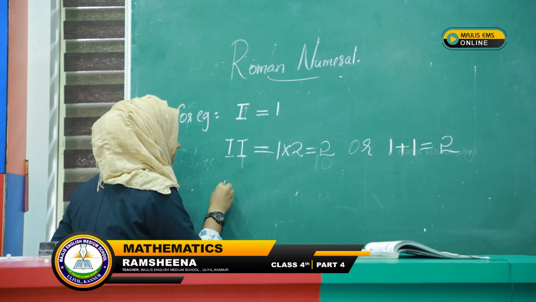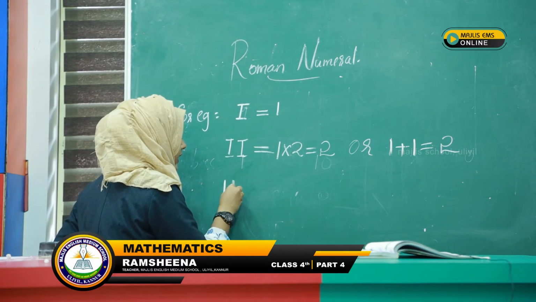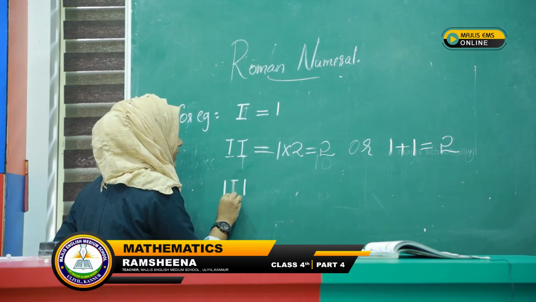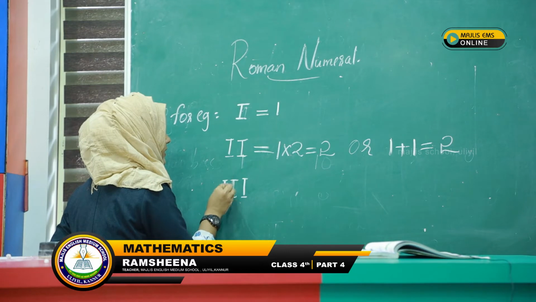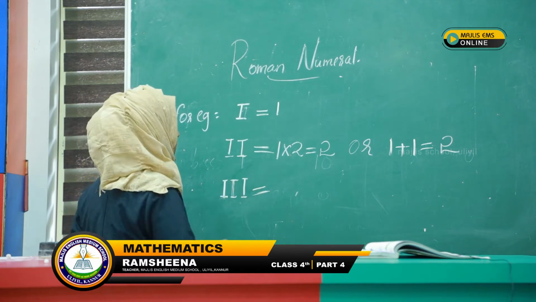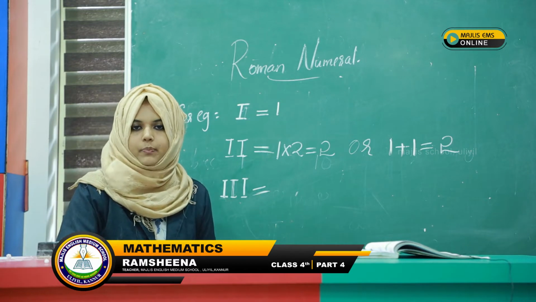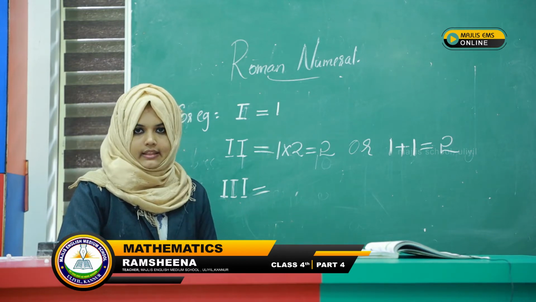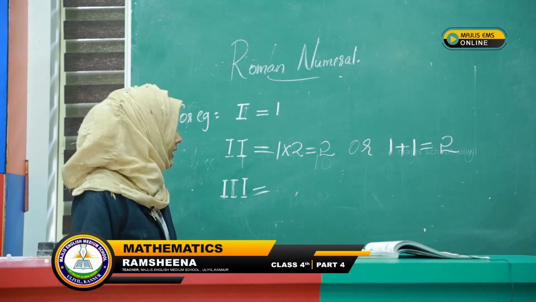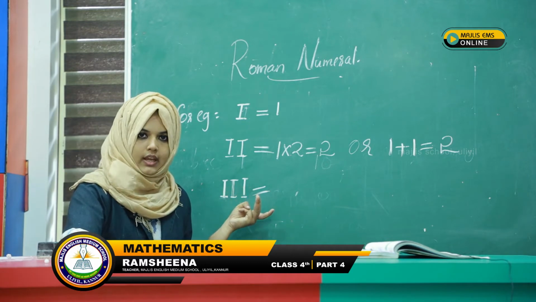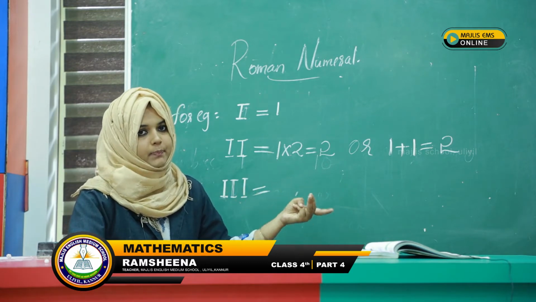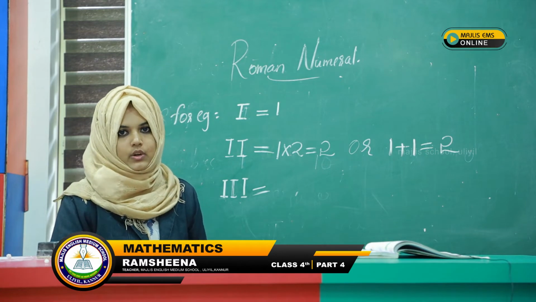Then the next one, I I I. What is the number? 1 plus 1 plus 1 is equal to 3. The number 3. 1 into 3 or 1 plus 1 plus 1 is equal to 3.